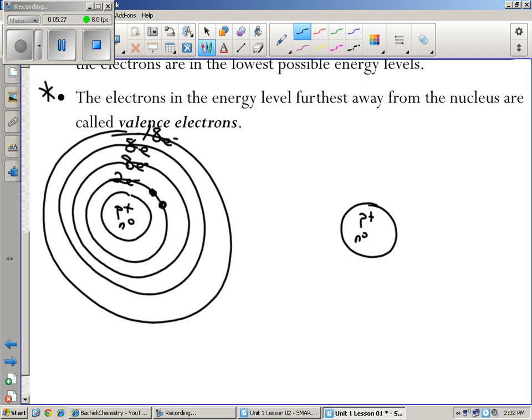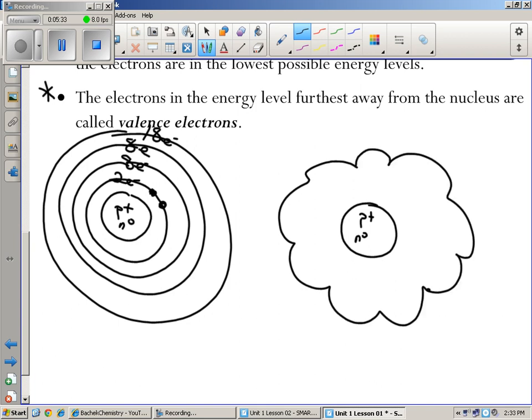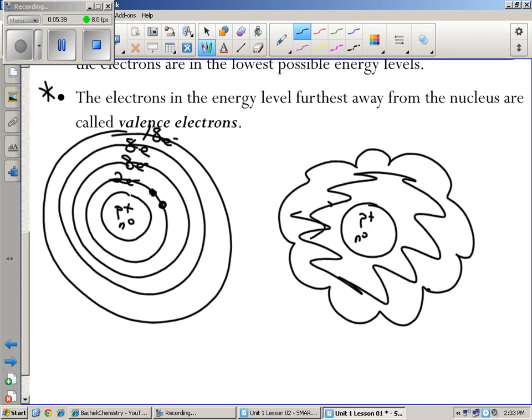Okay, but they're in a cloud. I know it looks like a flower, I get that. That's a cloud, okay? They can be anywhere in here, all the way around. So they might be a little bit closer, and they might go around that orbit, and they might be a little bit farther away, okay? Like I said, hard to draw.